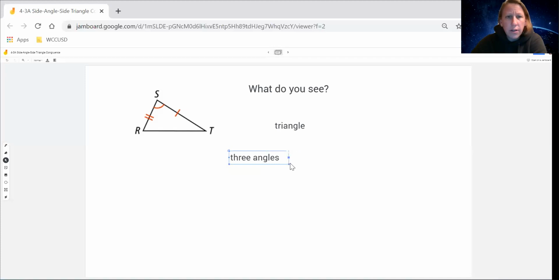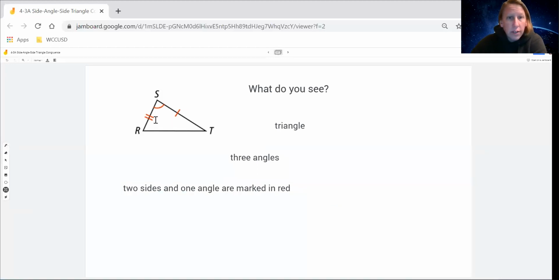What's marked on this figure? Good. 2 sides and 1 angle are marked in red. What are those markings telling us? Just that they're marked. What else do we see?